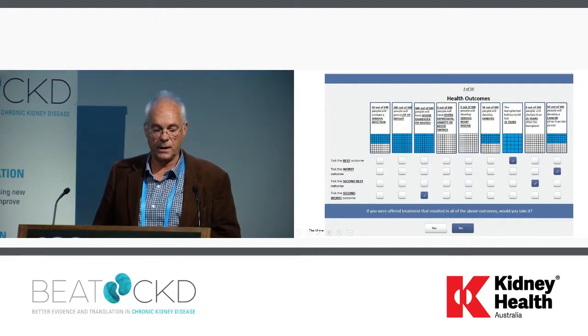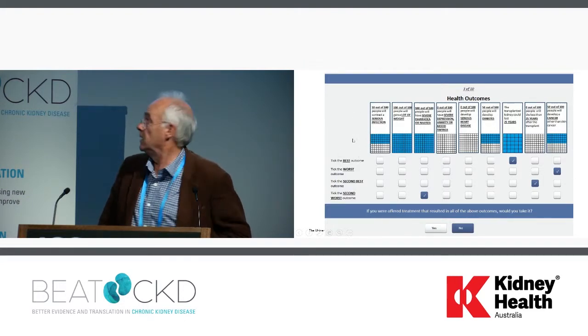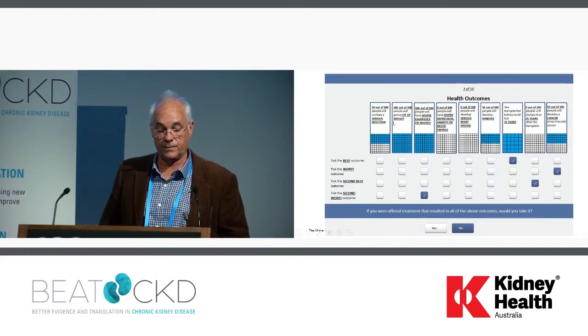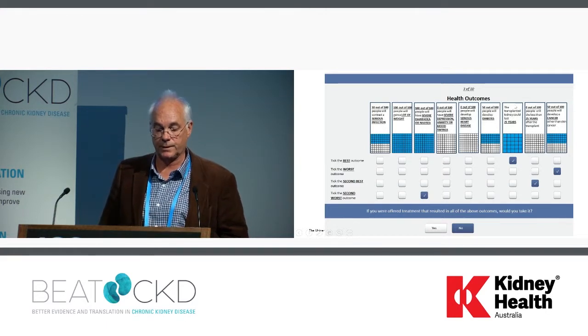Here's an example of one slightly different, looking at health outcomes after transplantation. In this case, we've described a series of outcomes, all of which are bad, except for one, which is, where is it? Graft survival. So the transplanted kidney could last 25 years.